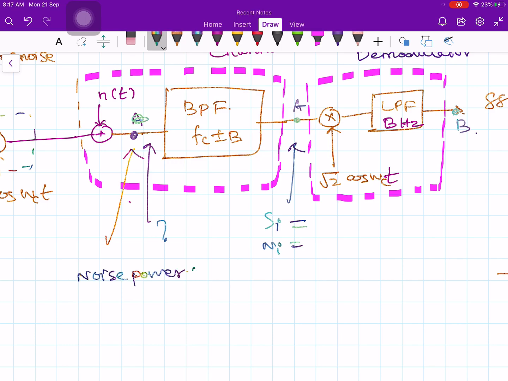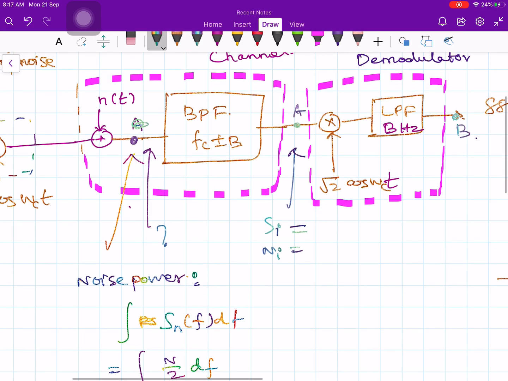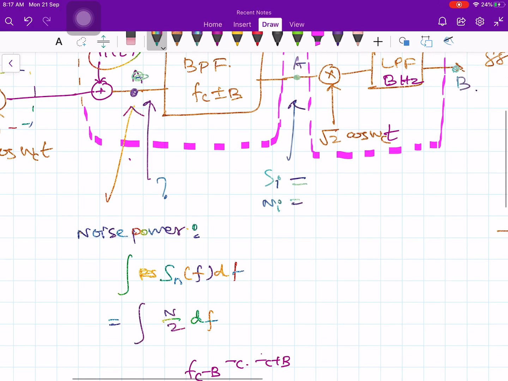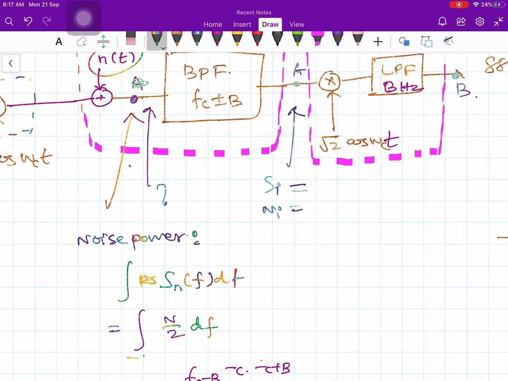Noise power is equal to the integral of the power spectral density function, denoted by S suffix n of f, df. So that will be equal to the integral of N by 2 times df. What is the frequency range? It integrates from minus infinity to plus infinity. The noise is a wide band noise. It gives equal contribution of N by 2 from minus infinity to plus infinity. Therefore, the noise power is infinity here.